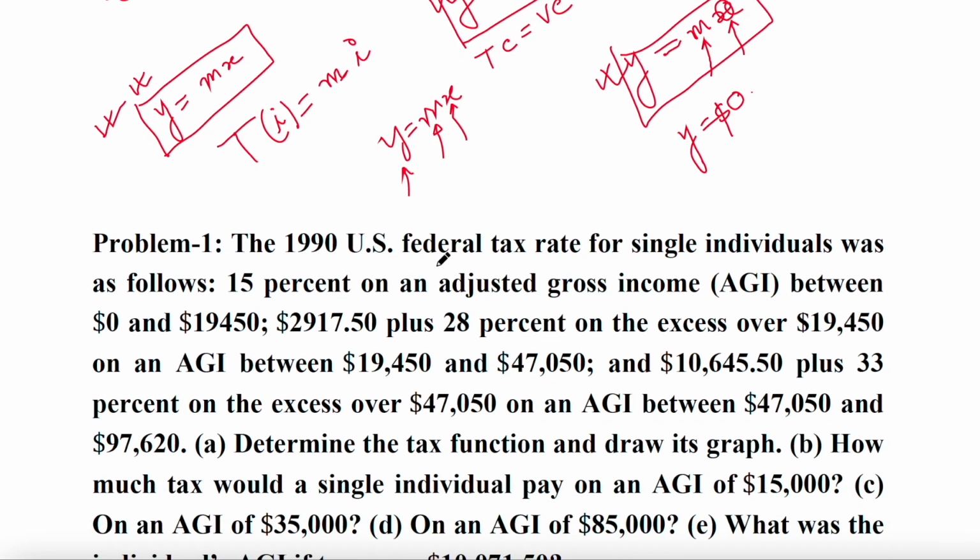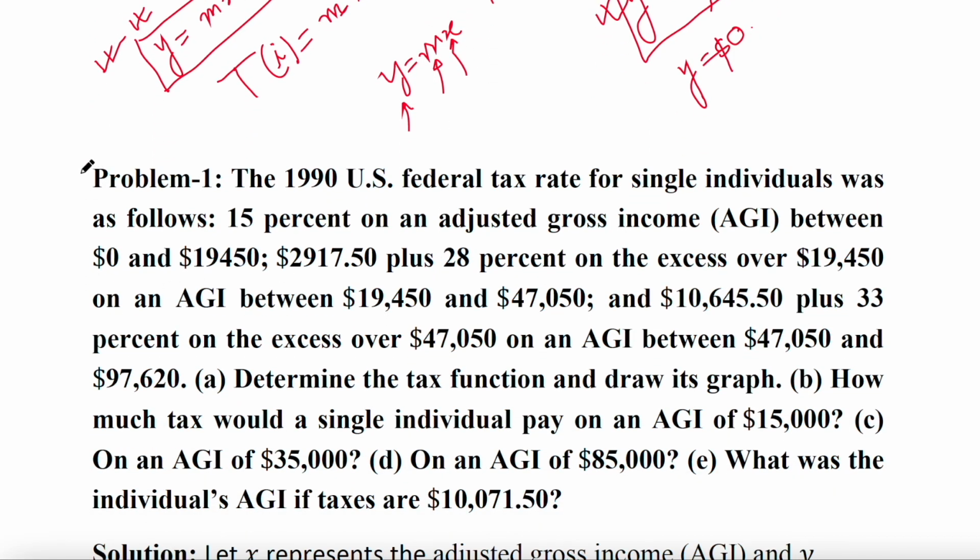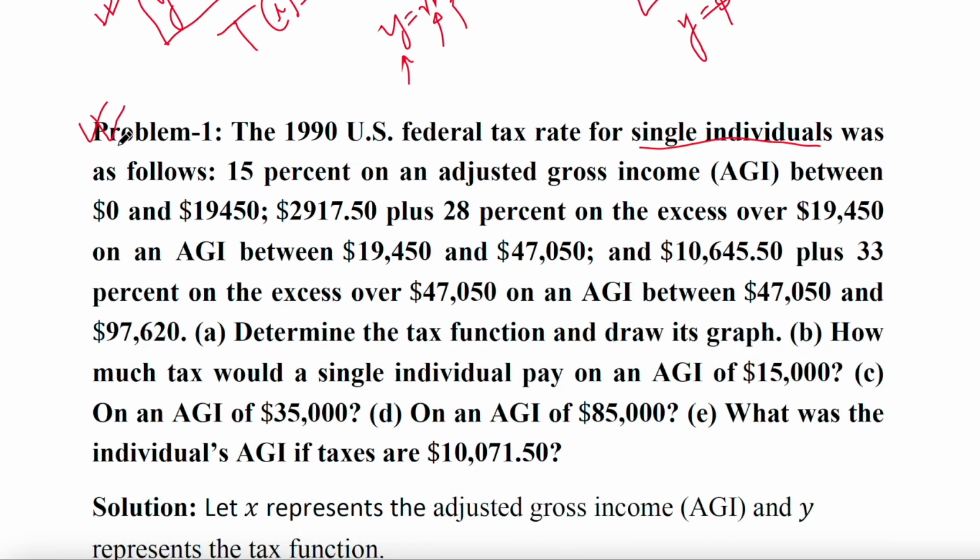So let us solve problem 1. In this lecture I am going to solve two problems related to tax function, which is also an application of piecewise linear function. Let us read the question first.